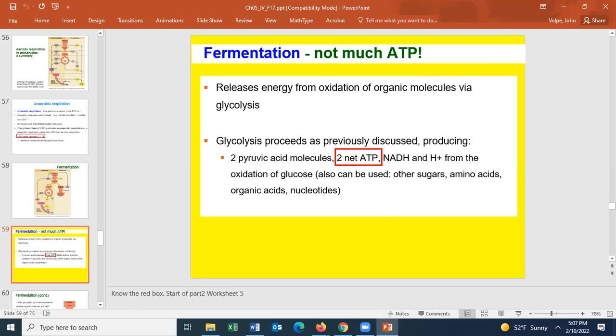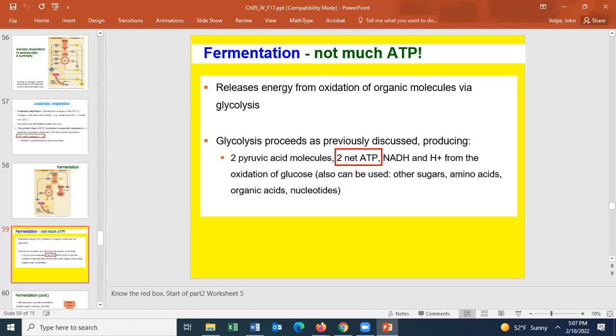Glycolysis is a part of aerobic respiration. It is also a part of fermentation. As previously discussed, we generate 2 pyruvic acid molecules, 2 net ATP molecules, NADH and hydrogen, from oxidizing glucose.